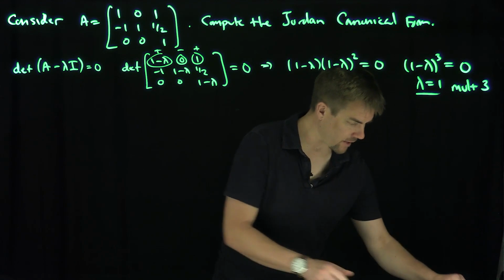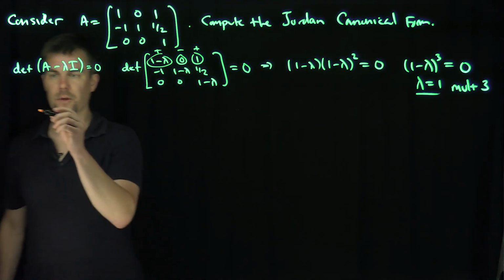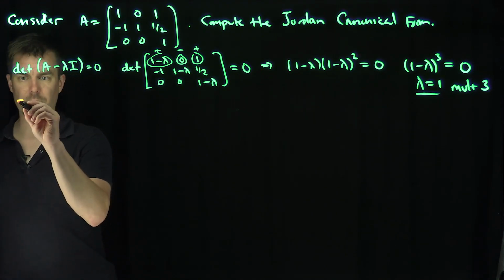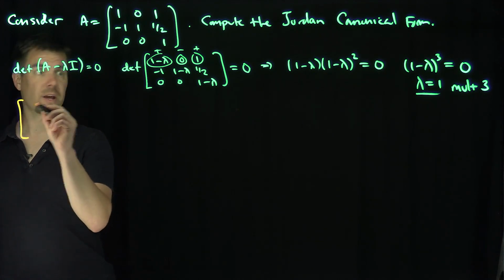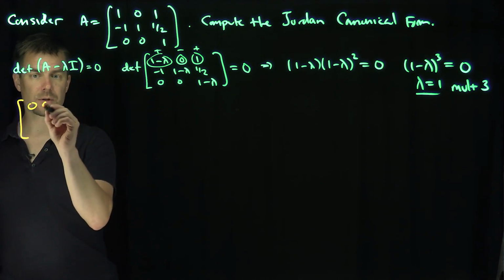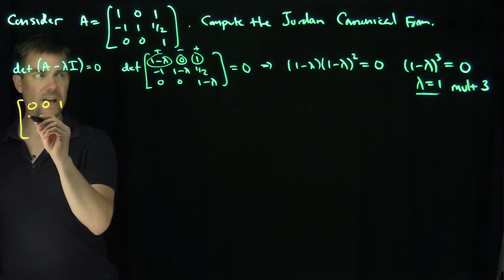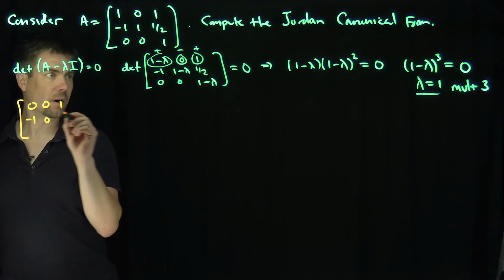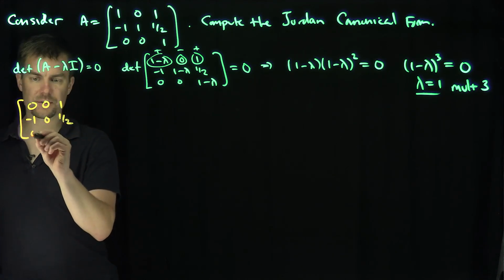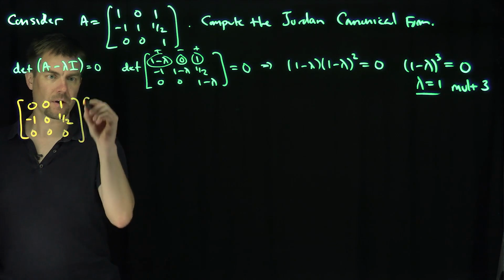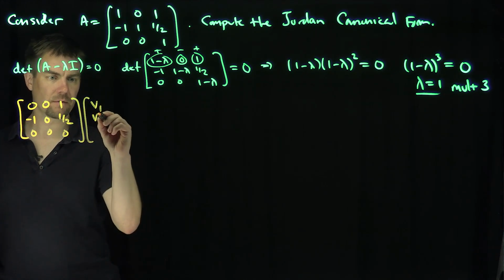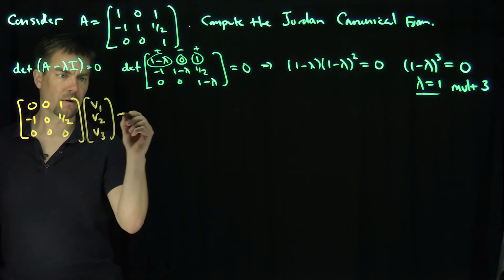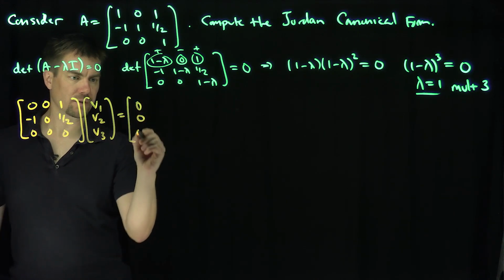So let's find the eigenvector corresponding to lambda equals 1. When lambda is equal to 1, let's look at the eigenvector equation. It's going to be 0, 0, 1, then negative 1, 0, 1 half, and then 0, 0, 0, applied to V1, V2, V3, is equal to 0, 0, 0.